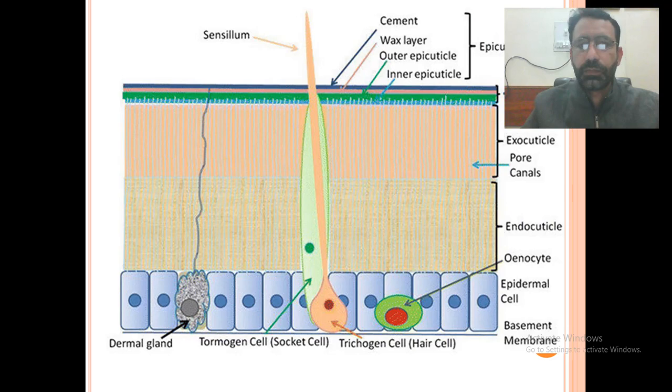One is called setae, and the other is called spines. If the hairs lack the tormogen cells, meaning sockets, along with the trichogen, the hairs are known as spines, and if trichogens are accompanied by the tormogen, these hairs are called setae. And setae may also be known as the movable hairs of an insect.